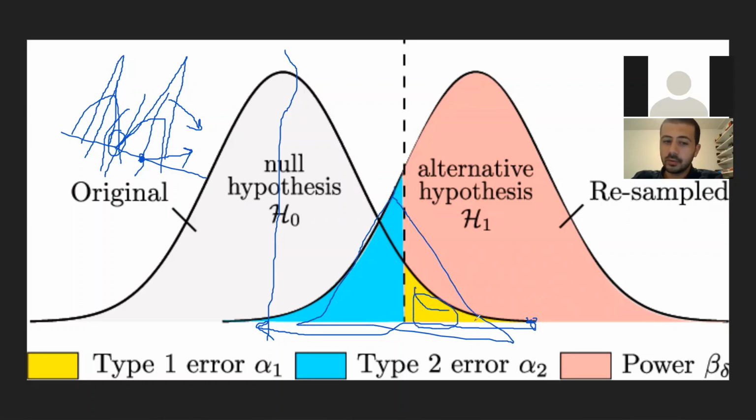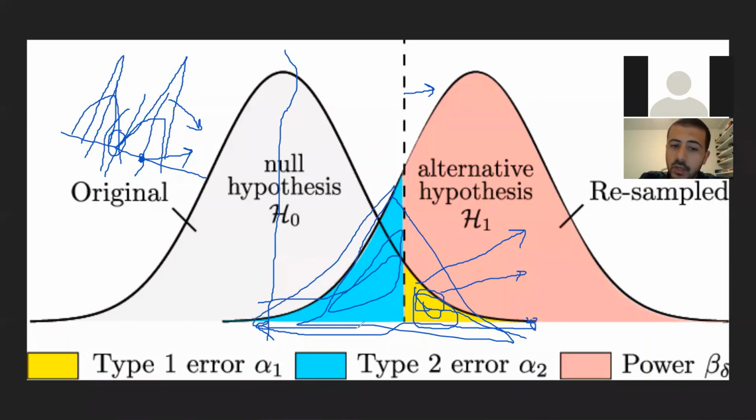The yellow is the type 1 error, and the blue is the type 2 error. Remember, type 1 error is false positive. And here, to the right of this line, I'm saying the null hypothesis is false, and I'm saying there is a difference. Then I am false positive.